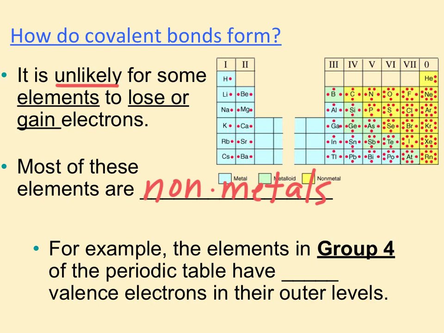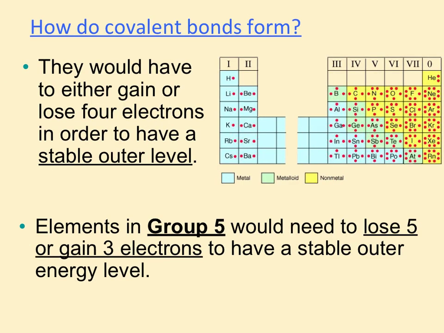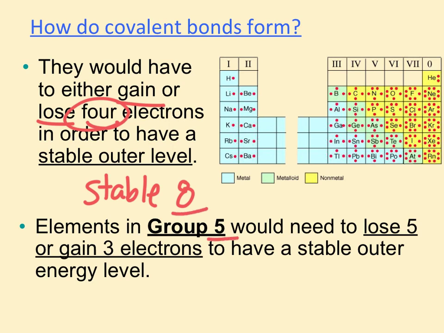For example, thinking about group 4 on the periodic table, group 4 has 4 outer electrons. Thinking about how they would get to the stable 8 rule, we have to consider that they would either gain or lose 4 electrons to get to that magic number and have a full outer shell. Group 5 is also a little problematic, as they would like to lose 5 or gain 3 electrons.